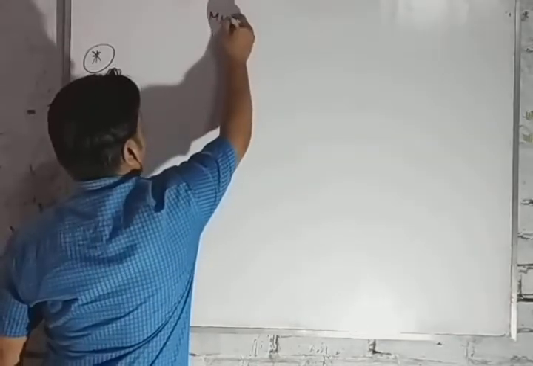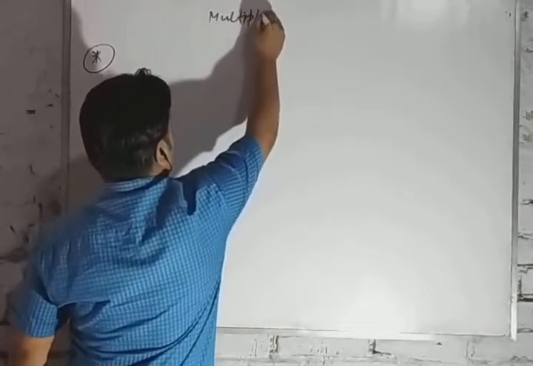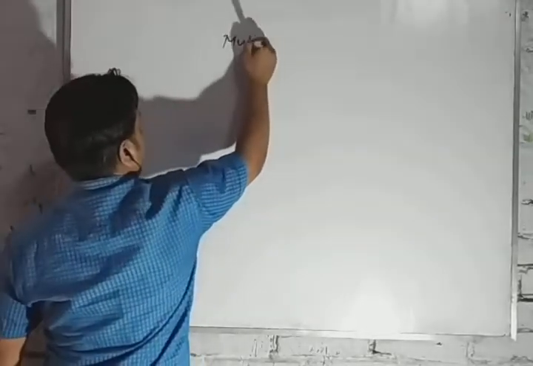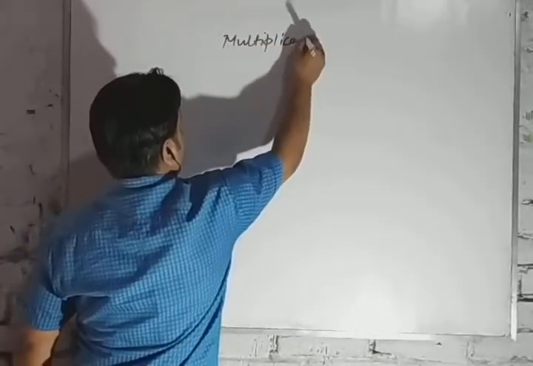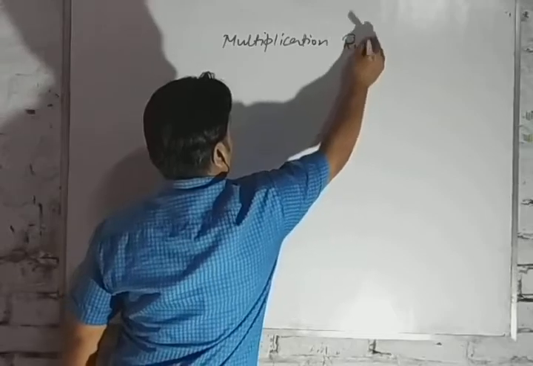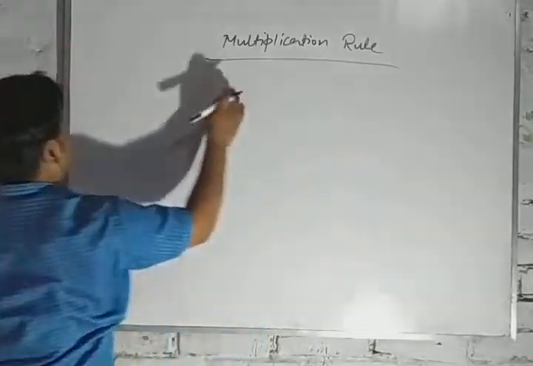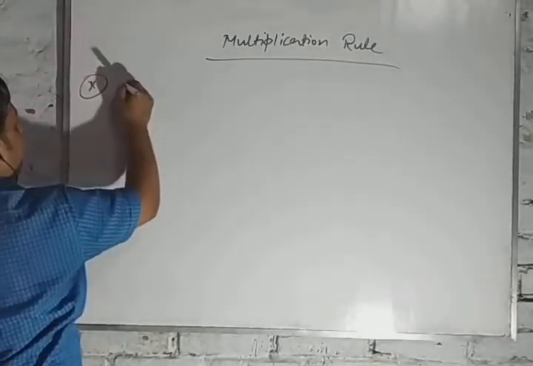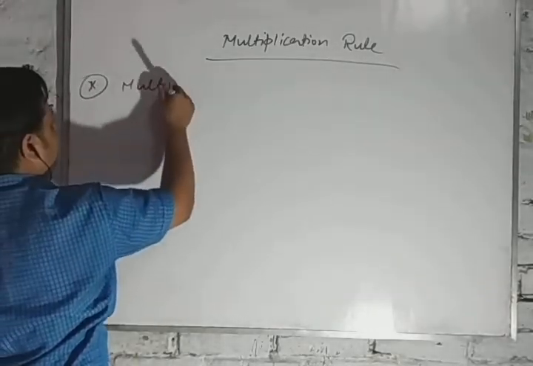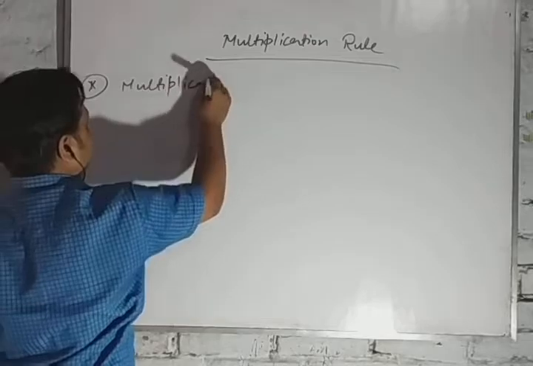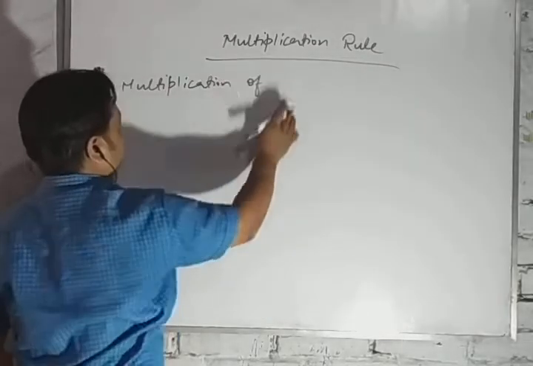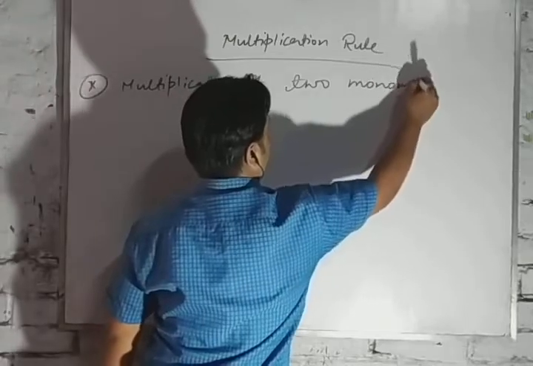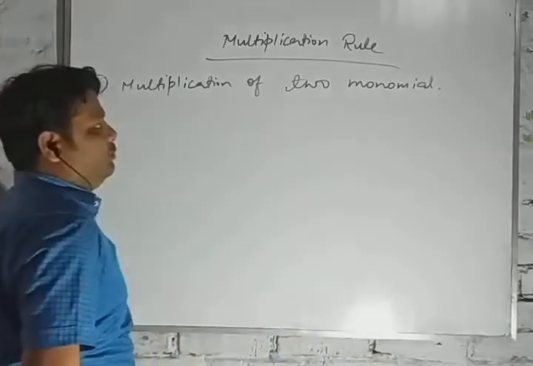Here, multiplication rule. So the first one is multiplication of two monomials.